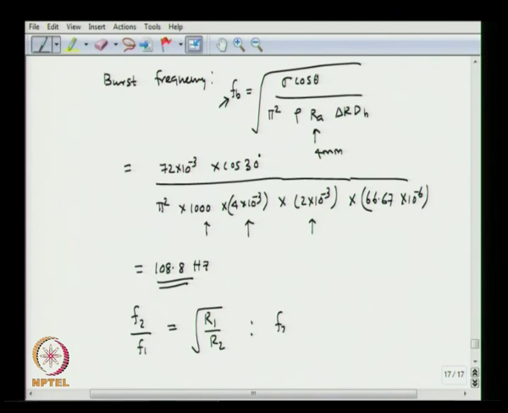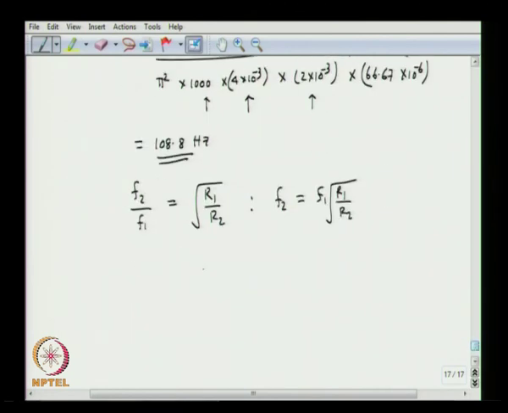We can find f2 at 16 millimeter as f1 into the square root of r1 over r2. So, this will be equal to 108.8 into the square root of 4 over 16. So, that will be 54.4 hertz. Right. So, with that let us stop here.